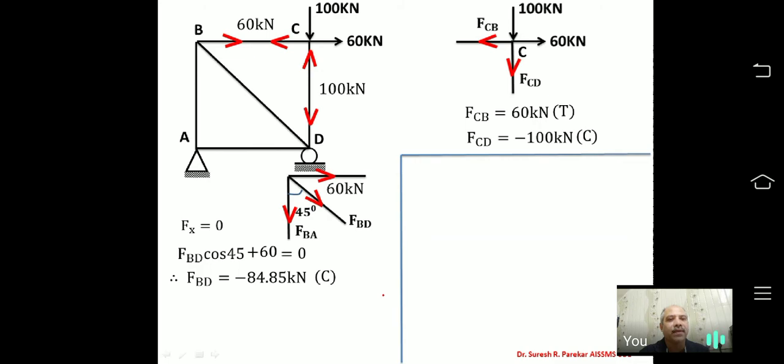Now here FBD we will get minus, means compressive, and FBA we are going to get it as positive value, and that positive value means we are going to get force in this member as tensile. So knowing these both member forces, we will mark these both member forces in the main figure, which is at left top corner, and this we can show it.